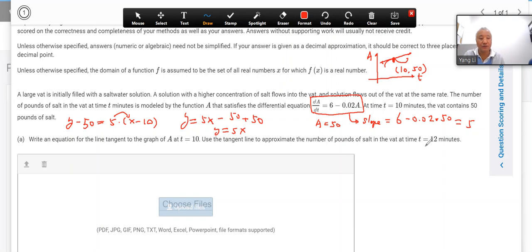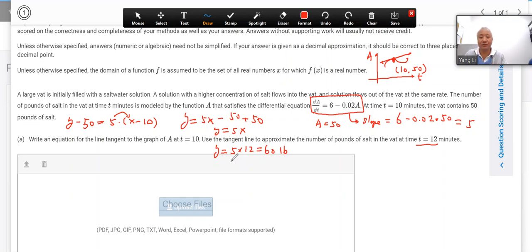Now they ask about t equals 12. So when t equals 12, y equals 5 times 12 equals 60 pounds. That means you have 60 pounds of salt in the vat when the time equals 12 minutes.